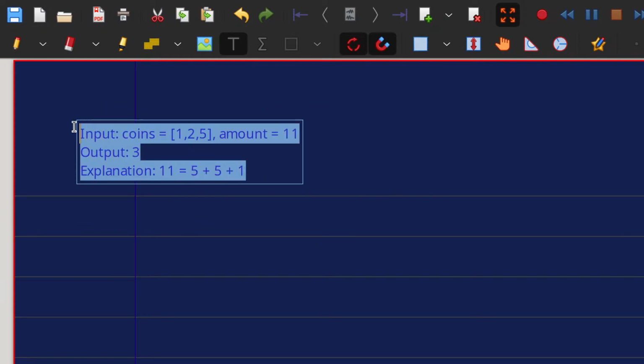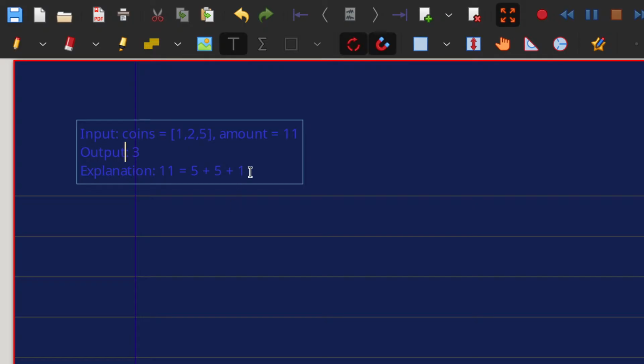I think this is not visible, but let me change the color of this.